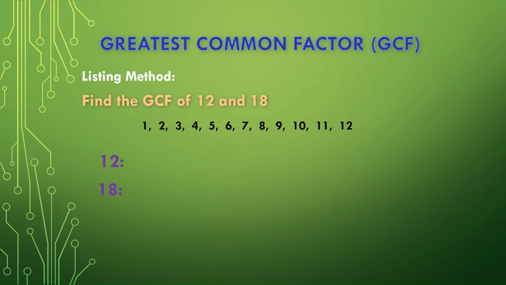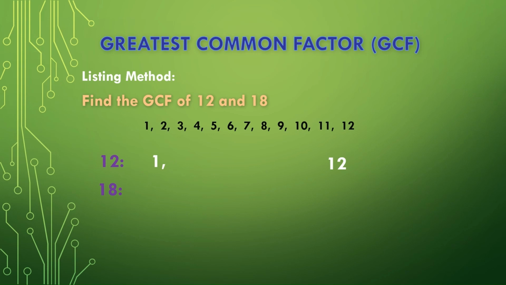To illustrate how the listing method works, let's begin by listing the factors in ascending order. Let's start with the numbers at the extreme ends. In this case, it is 1 and 12. Let's write down 1 and 12 opposite 12, leaving enough space in between them to give way for factors in between 1 and 12.